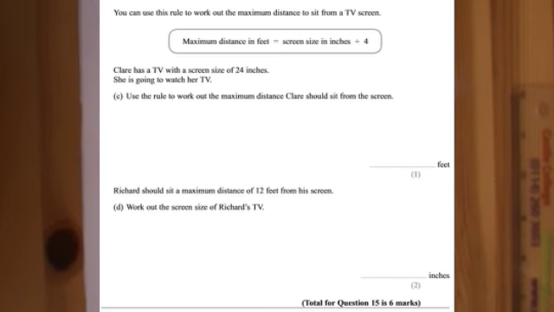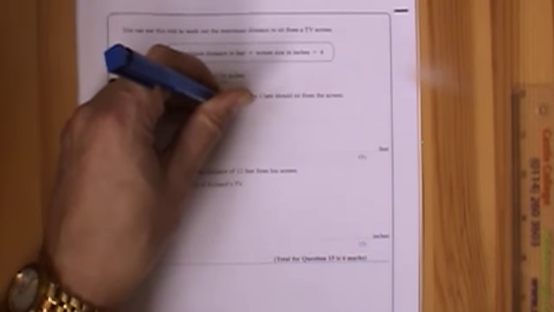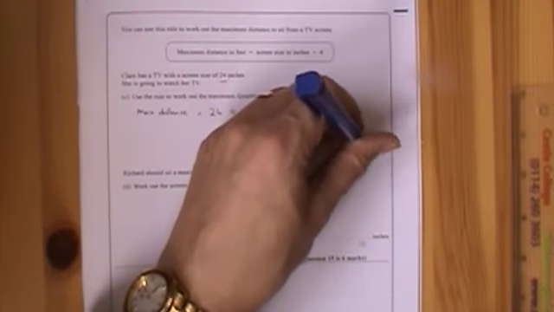So all we have to do is substitute the number 24 in this formula. So the maximum distance is going to equal, the size of screen is 24, and then we've got to divide that by 4. 24 divided by 4 equals 6. So our answer, 6 feet.